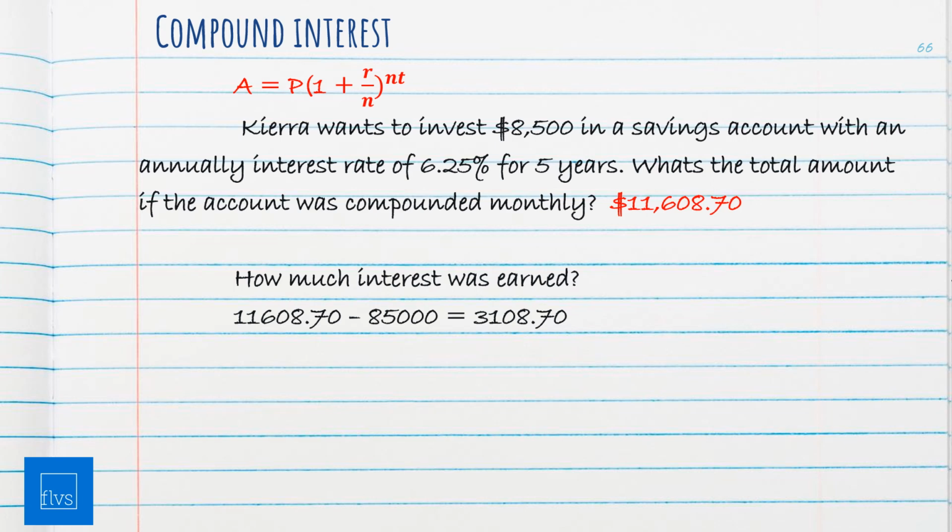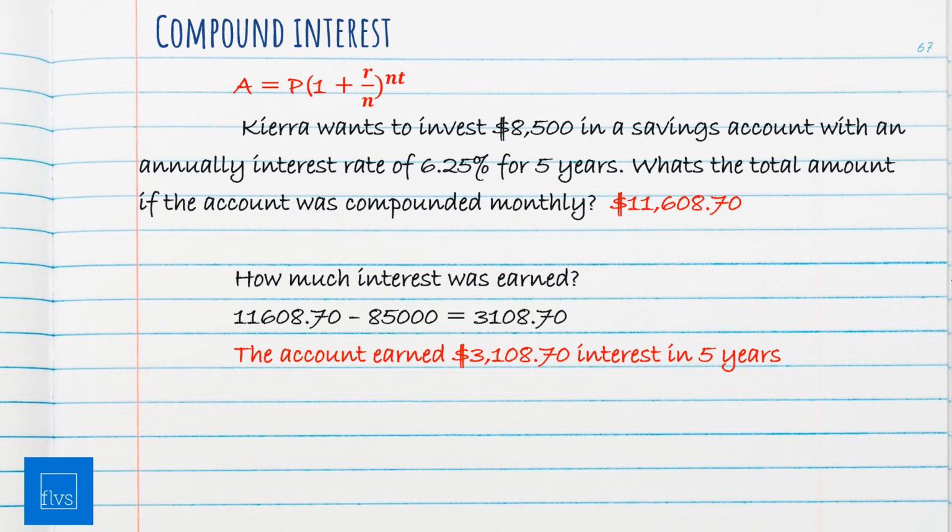We get $3,108.70. That's how much interest was earned. You may have some questions like that after you work out the total problem. So the account earned $3,108.70 interest in 5 years.